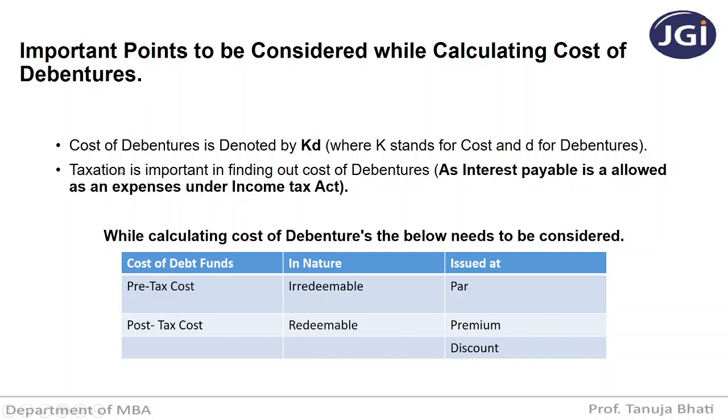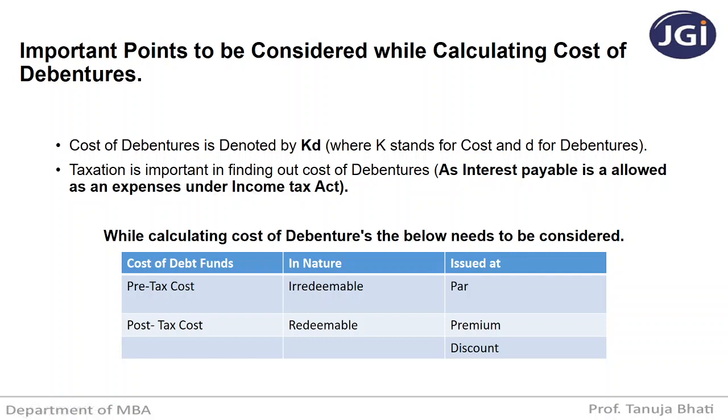The next important thing we need to consider while calculating cost of debentures is that taxation is a very important part in finding out cost of debentures, as interest payable is allowed as an expense under the Income Tax Act. See, we all know that when the tax is paid on the income of a company, how is it calculated?